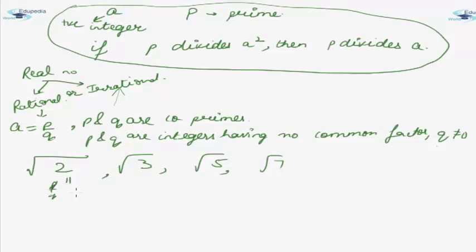That is, root 2 can be only expressed as root 2 by 1. Similarly, all these numbers.